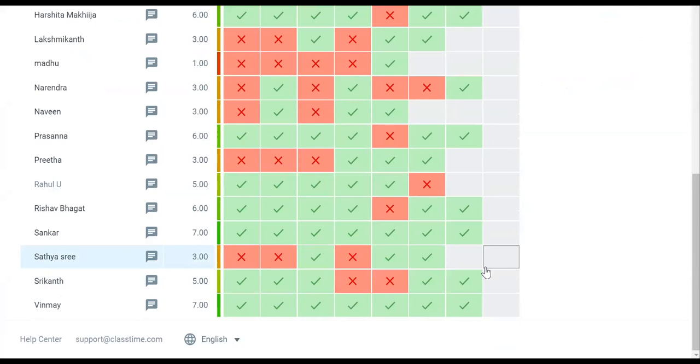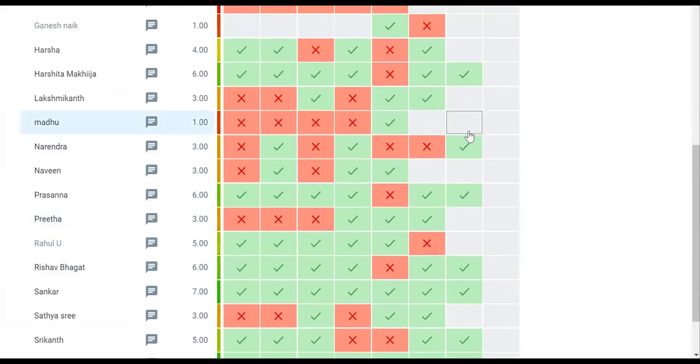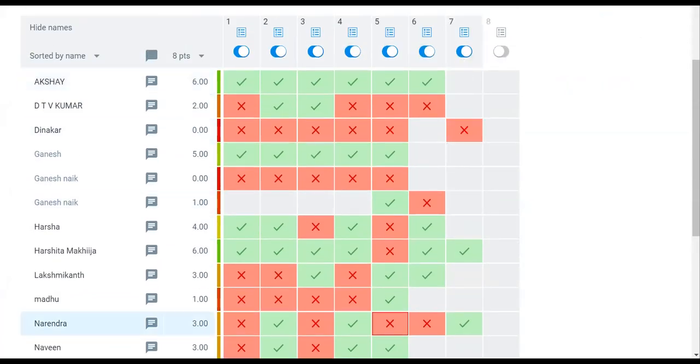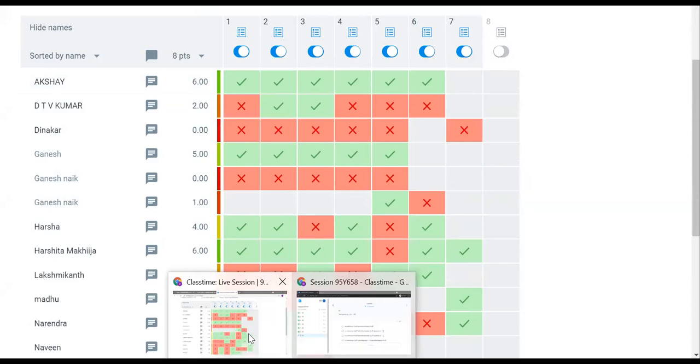Few. 1, 2, 3, 4, 5, 6, 7, 8, 9, 10. Please answer quickly.